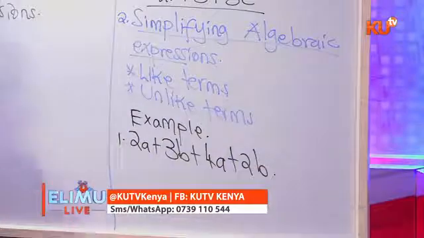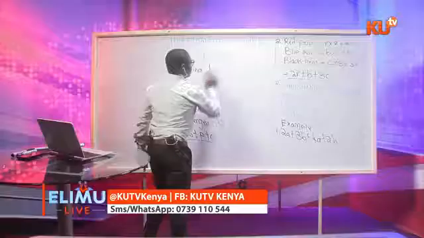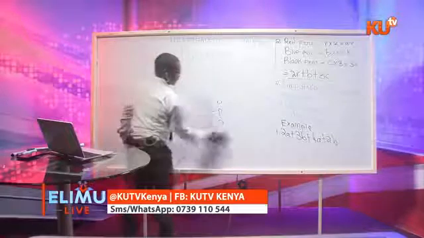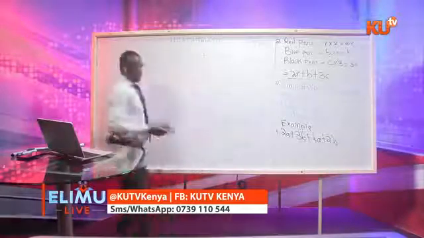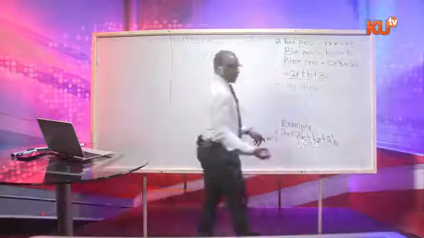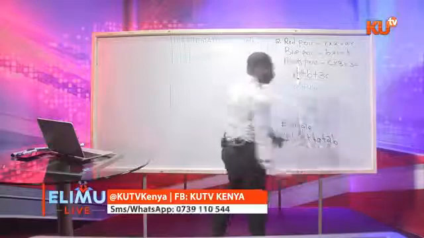So we have such a question, 2a plus 3b plus 4a plus 2b. Now looking at our question, you realize we have two different letters. We have a and we have b. So we have a that is similar to a, 2a and 4a. And then we have b that is similar to b, 3b and 2b.